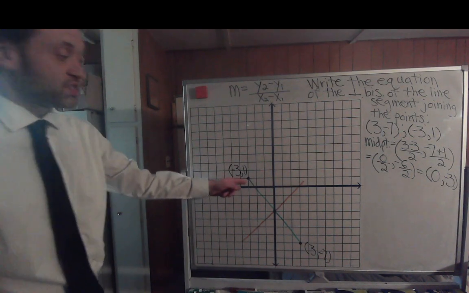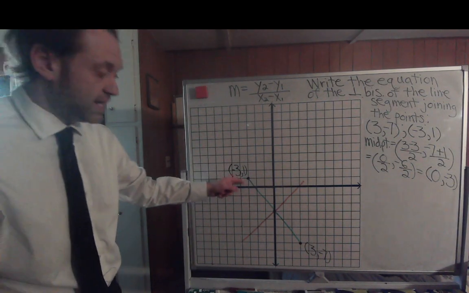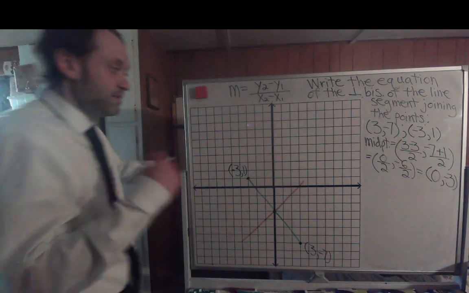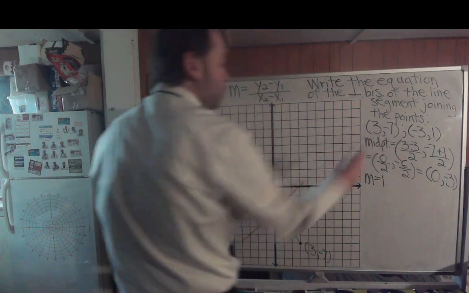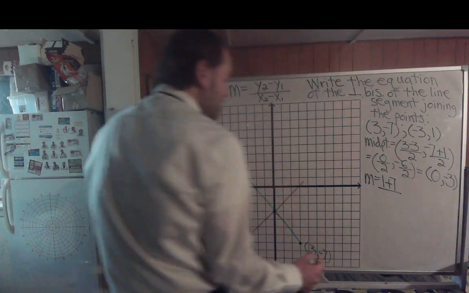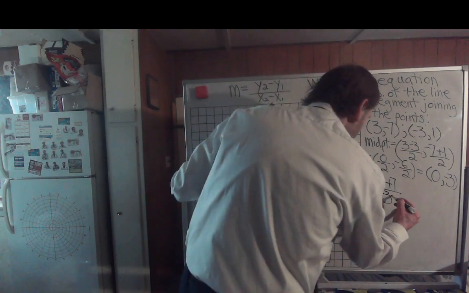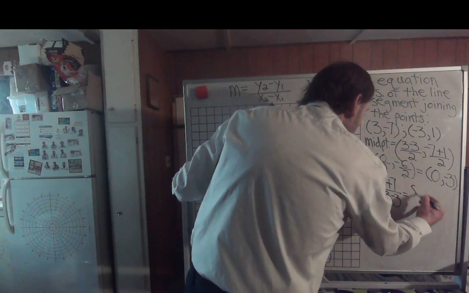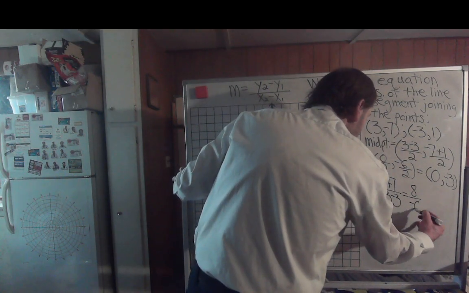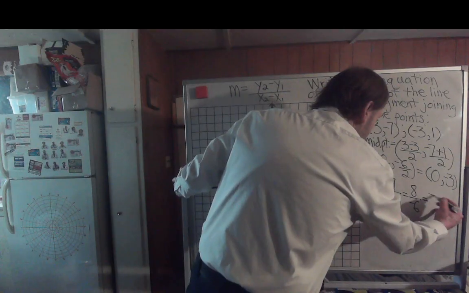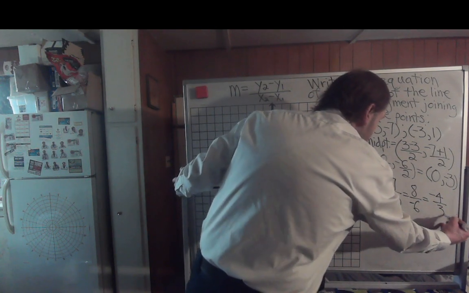Now let's find the slope of the line segment from -3, 1 to 3, -7. So the slope equals your y2 of 1 minus your y1 of -7. So this would actually be 1 plus 7 over your x2 of -3 minus your x1 of 3, which would give you 8 over -6, which would end up being -4/3.